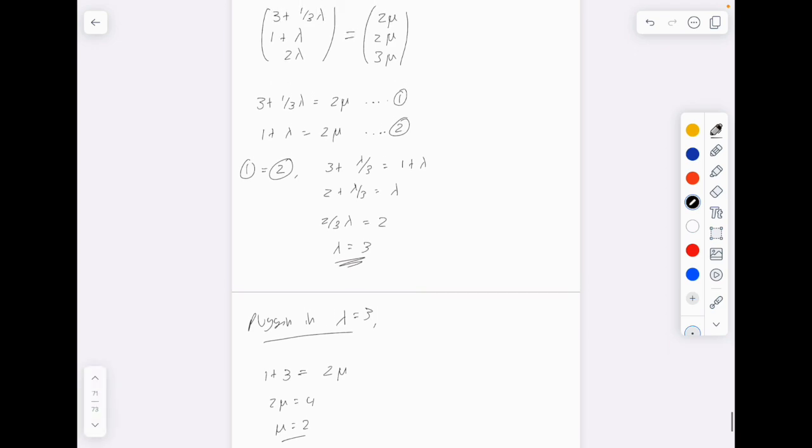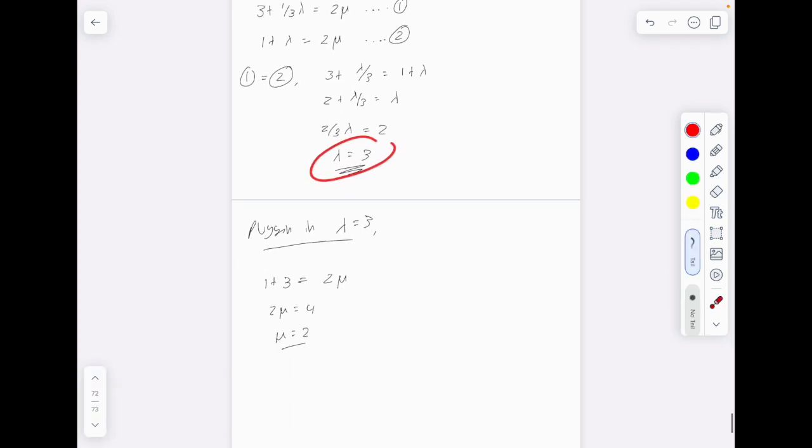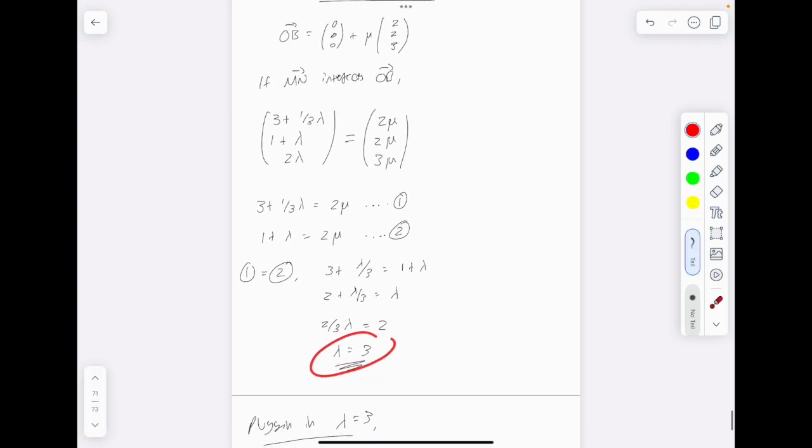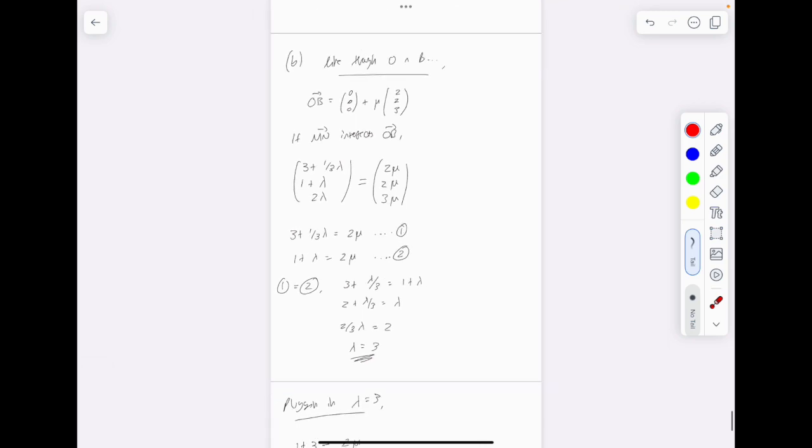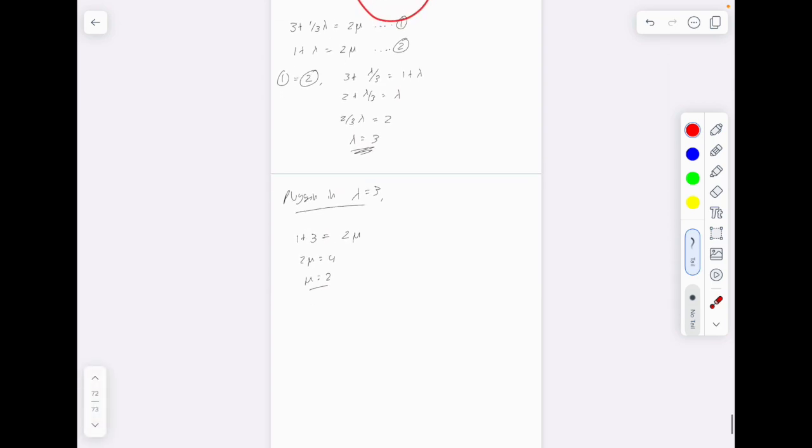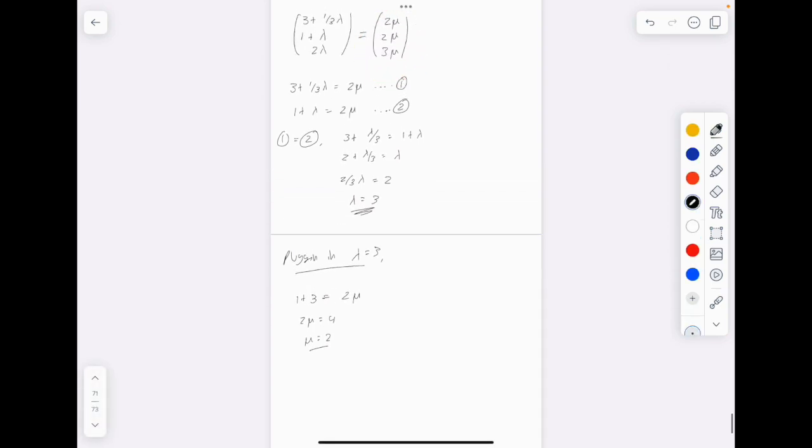So now that we have lambda and we have mu, we can plug them in to find the point of intersection. This is the easier one to plug in.